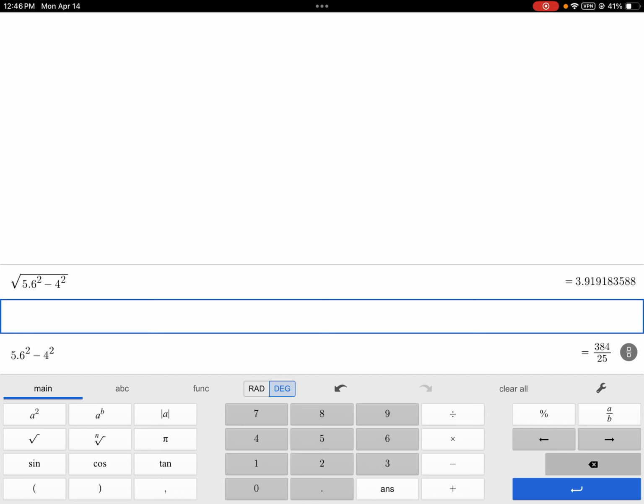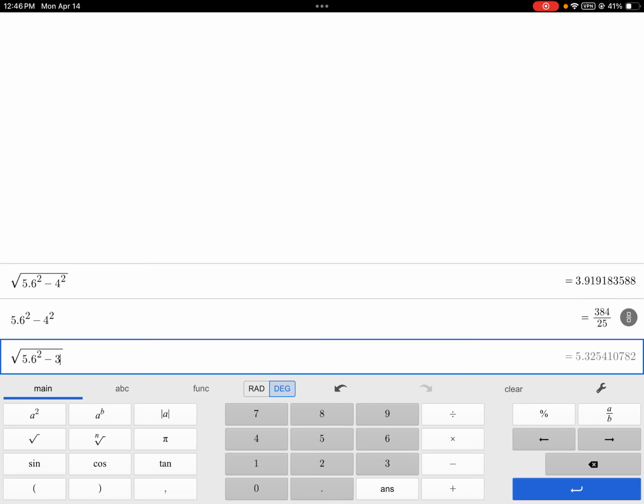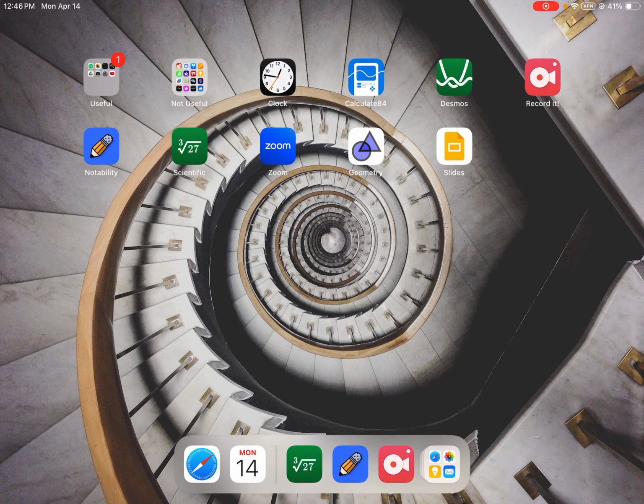So we have the square root of 5.6 squared minus, what was it, 3.8, I believe the number was. Yeah, it was. Okay, so then we have 4.1133, and so on and so forth. That is going to be our number for our W.